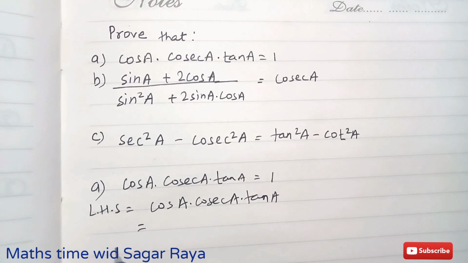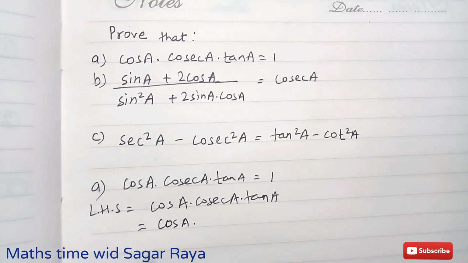Now the trick of proving is that you have to convert all the identities in terms of either cos theta or sin theta. Suppose this cos A is already in cos form, so write it as it is.